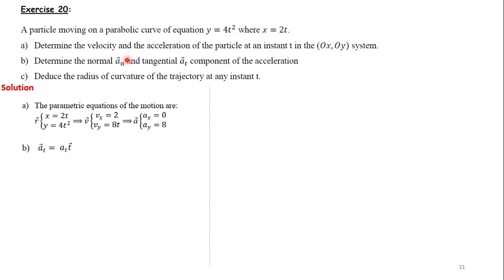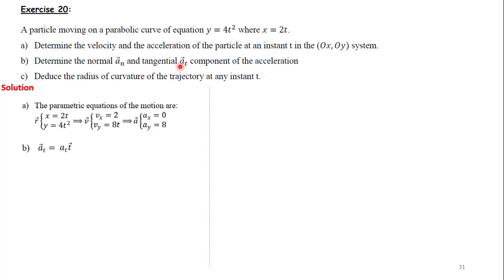The first one is to write it as v squared over rho along the normal unit vector, but here, since we don't have the radius of curvature rho, and since it's asked in the third question, in part C, they asked the radius of curvature, then we will not use an equal v squared over rho. Okay, so we will deduce an from at and the total acceleration.